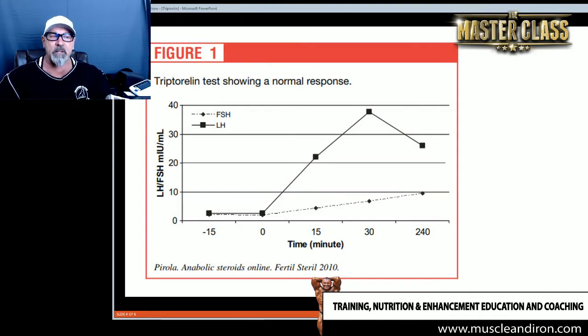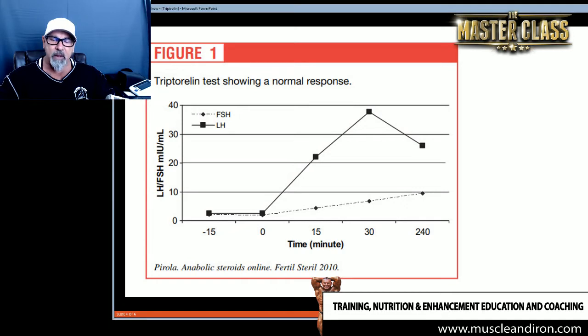He was administered a single dose of triptorelin, which resulted in a very elevated spike of luteinizing hormone, and that successfully restarted his natural testosterone production. So there is supporting evidence. This is not complete bro science. There is, as I said, a very interesting case study to be read on this subject.